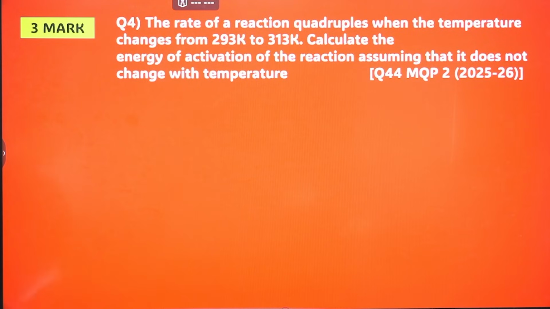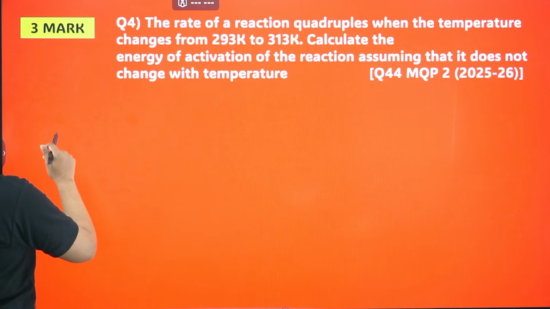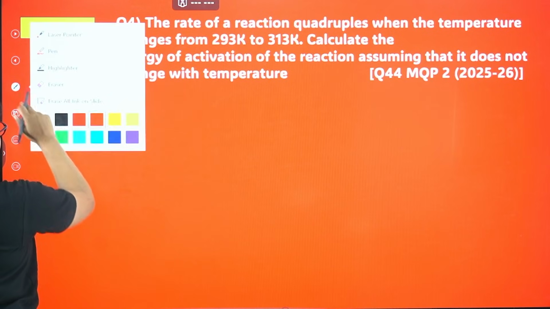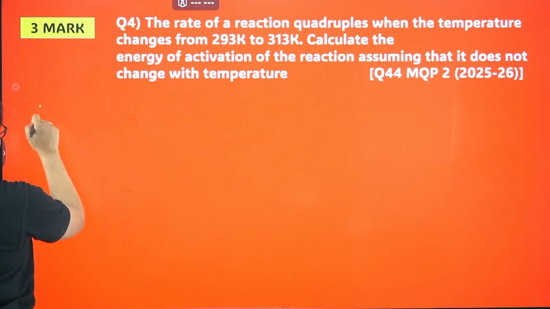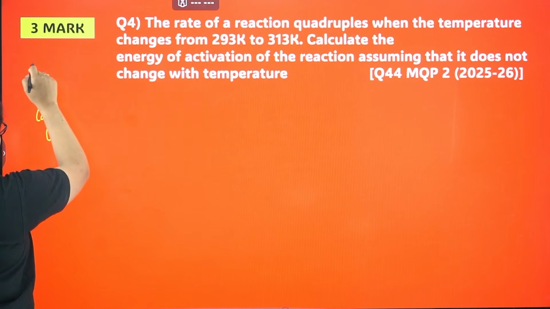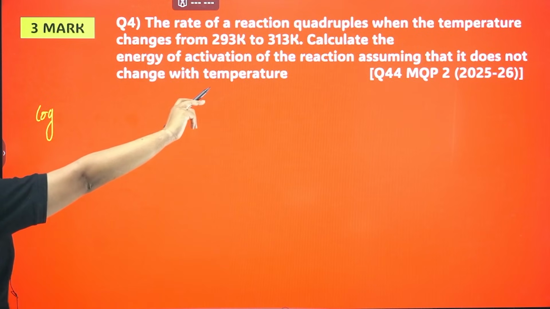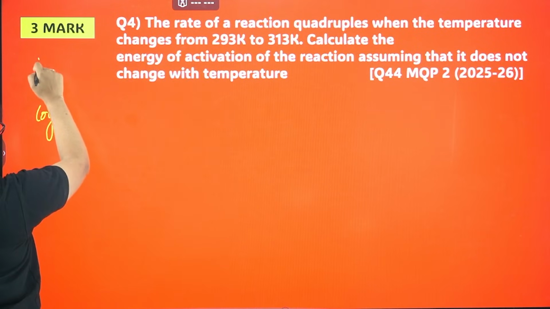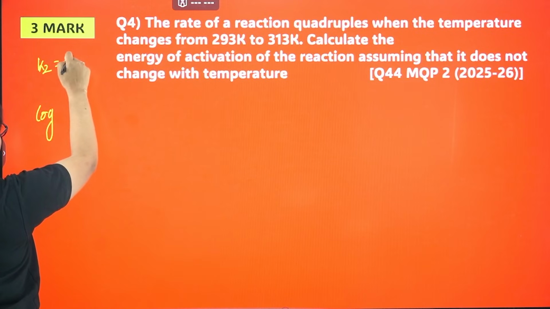Again, this is a type of Arrhenius equation you have to apply here. Let's proceed. Okay, so log K2 by K1, we can see the rate is quadrupled, right? So from here I can tell you K2 is basically 4 into K1.